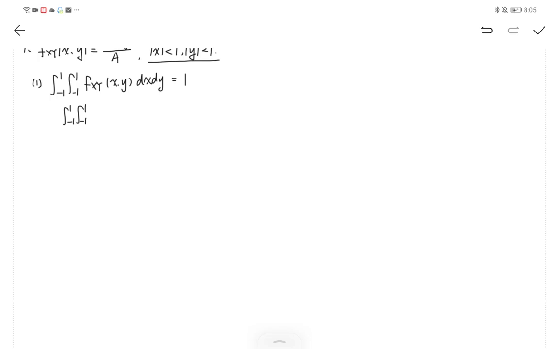The joint density function is (1 + xy)/a dx dy, and it equals, for x, the integral of 1/a, which is (1/a)x from -1 to 1, plus for xy/a, it is y/(2a) multiplied by x to the power 2 from -1 to 1, dy.